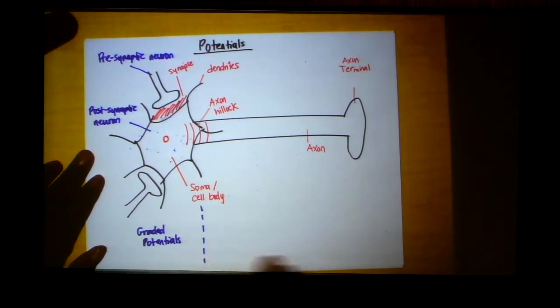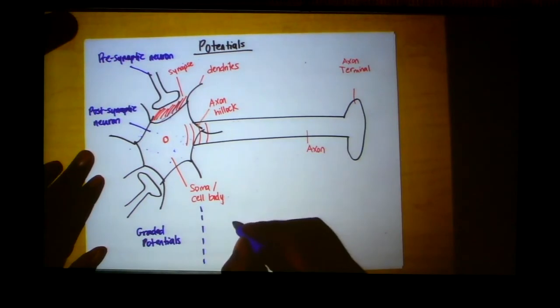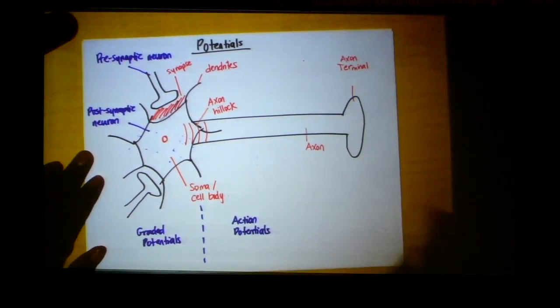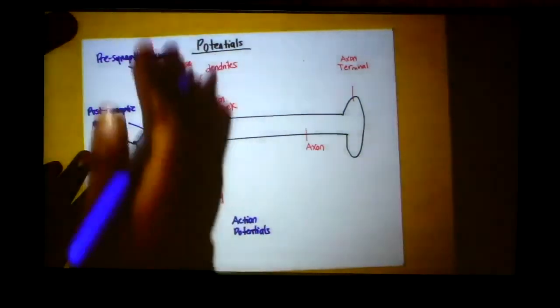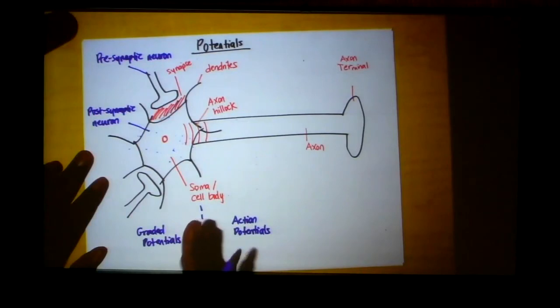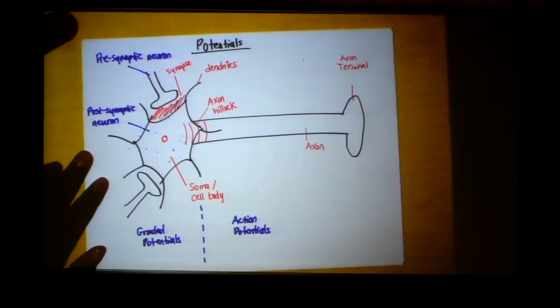And then beyond the axon hillock, we have action potentials. Okay, action potentials. And so again, this axon hillock is a very important area of deciphering whether or not we have substantial change in the membrane potential to actually propagate or to fire an action potential, right?